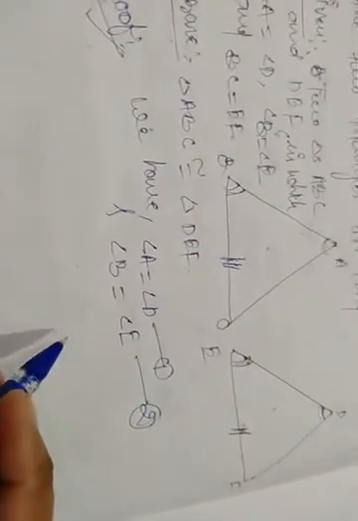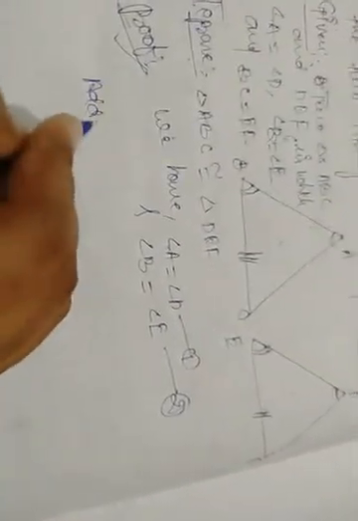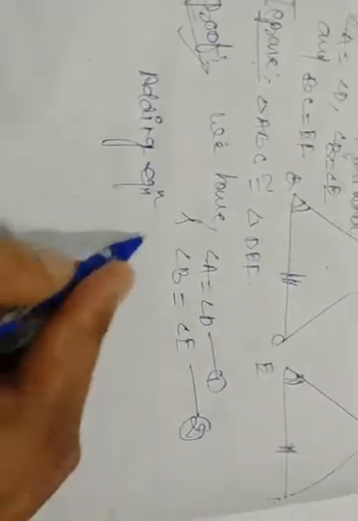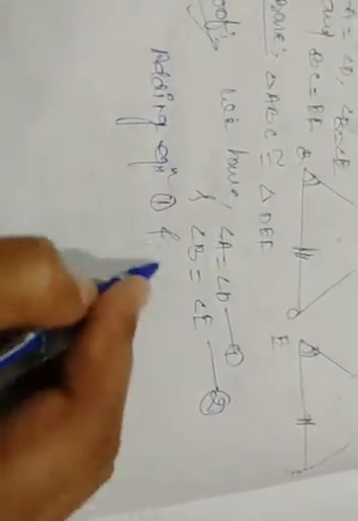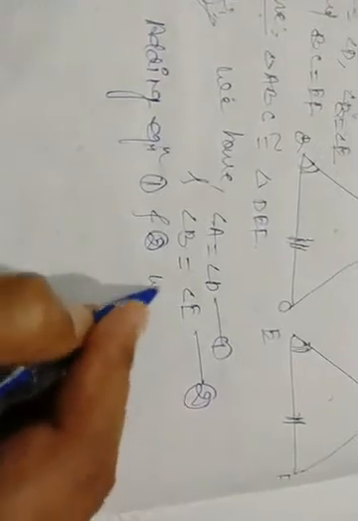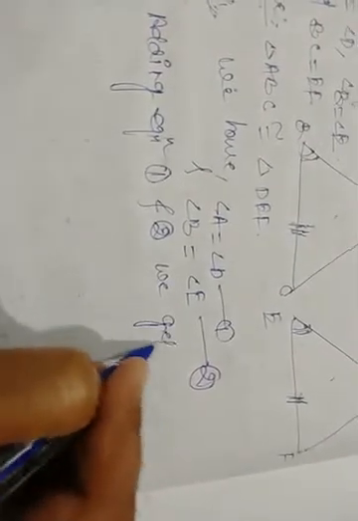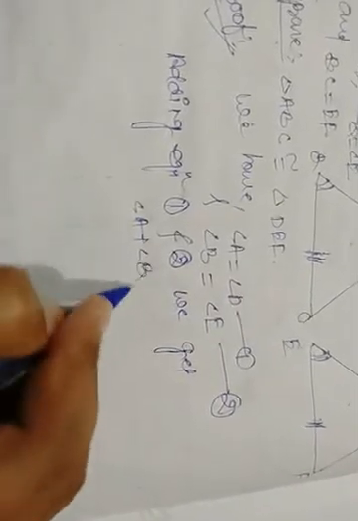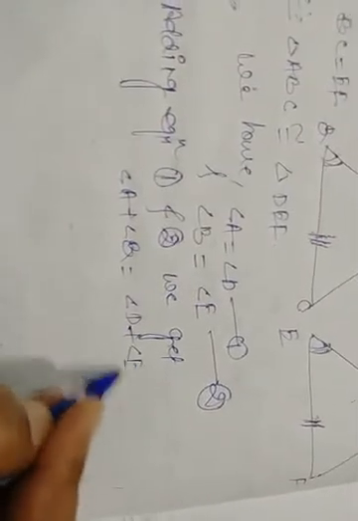Adding equations 1 and 2, we get angle A plus angle B is equal to angle D plus angle E.